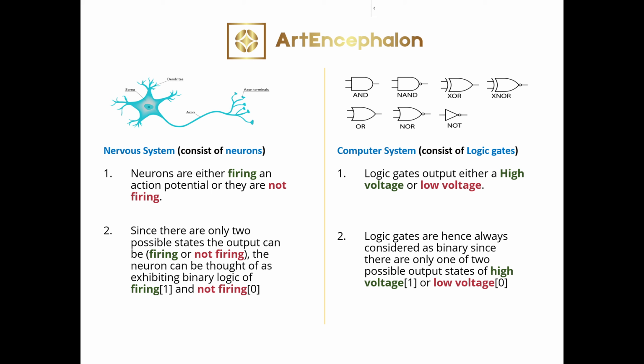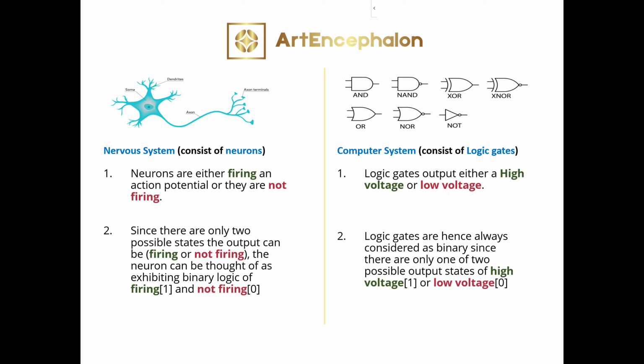So the nervous system consists of neurons, like we said, and a computer system consists of logic gates. Now, neurons are either firing an action potential or they are not. There are only two states that a neuron can be. On the side of the computer, the logic gate is either outputting a high voltage, which we call a 1, or a low voltage, which we call a 0.